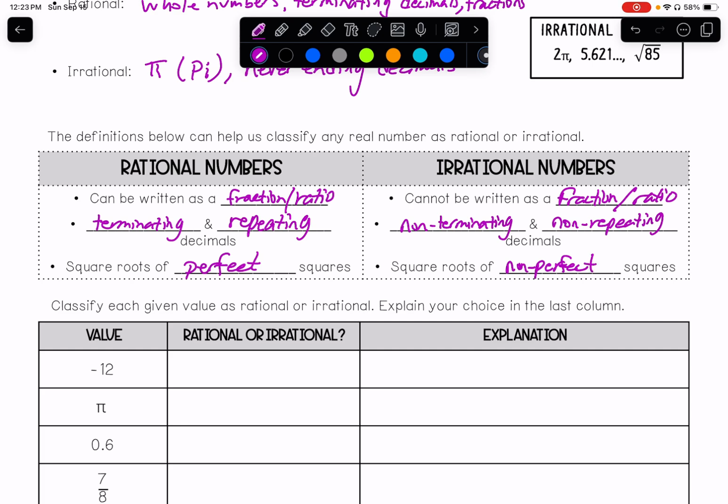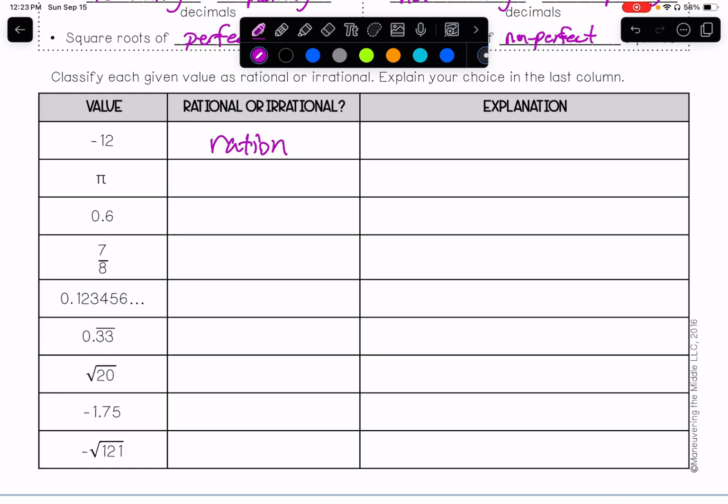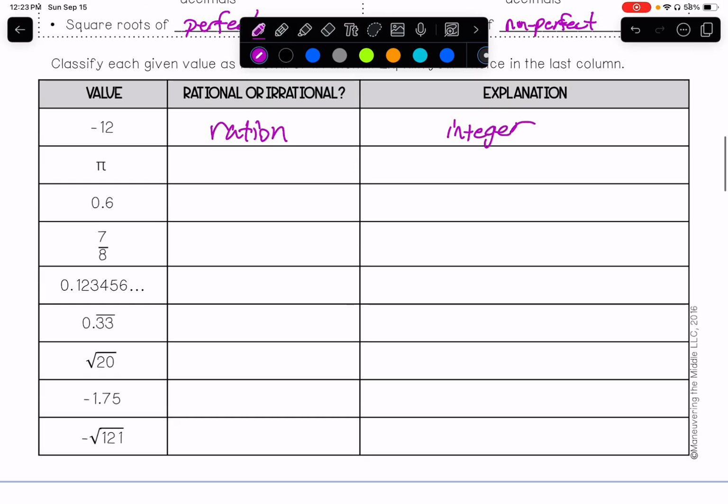Okay, 0.6, that is rational because it is an endpoint. It is a terminating decimal. 7/8, rational because it is a fraction. Fractions are rational. Go ahead and pause the video and see if you can get the next 4 or 5 of these without my help. I'm just going to give answers.